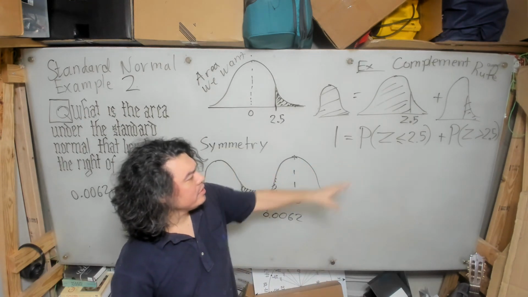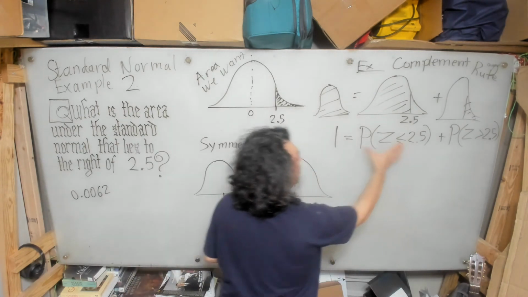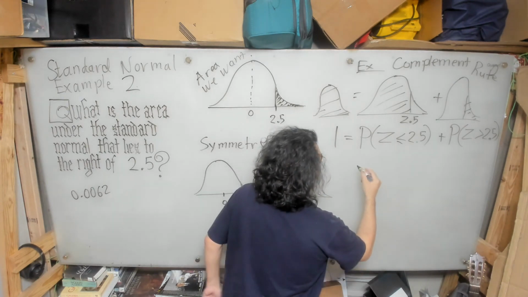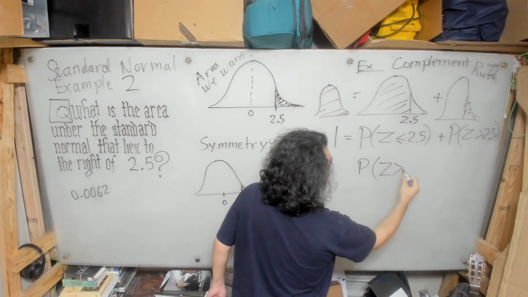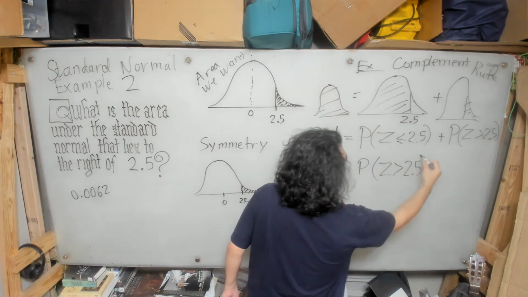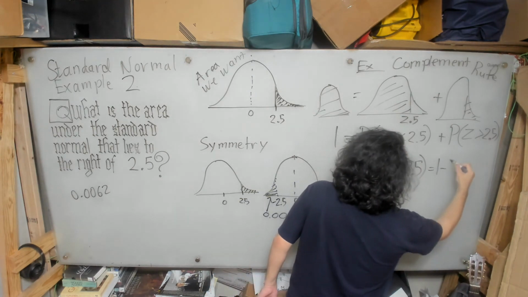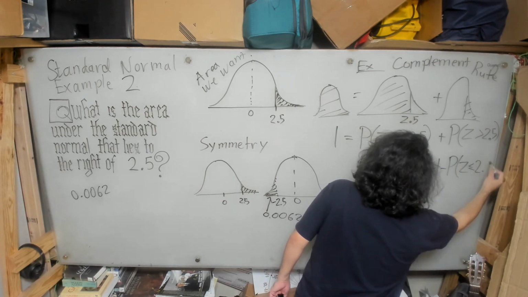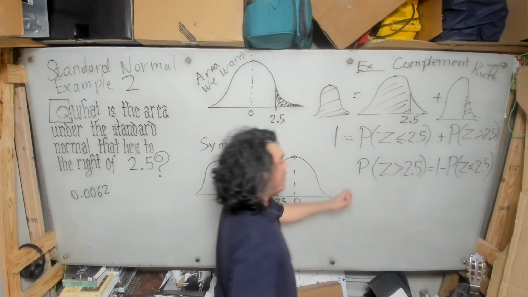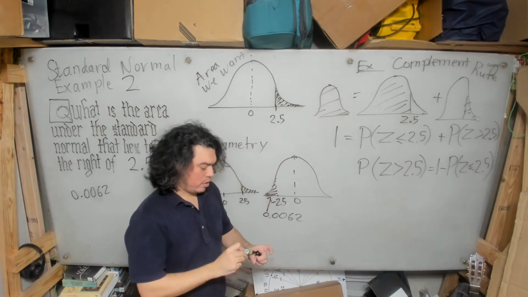But what does this tell us? If I subtract this to the other side, I get that the probability that z is greater than 2.5 is equal to 1 minus the probability that z is less than or equal to 2.5. And that's exactly the complement rule, right?